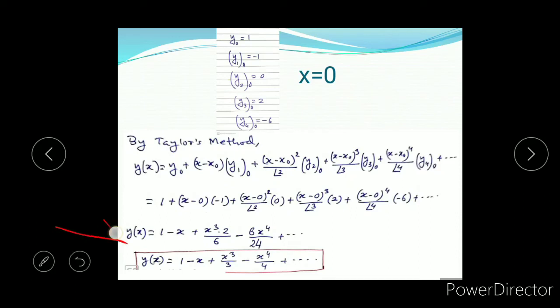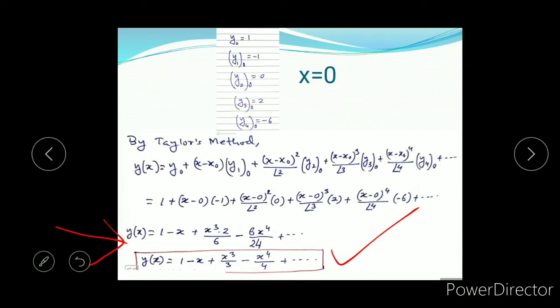And after simplifying more, we will get y(x) equals 1 minus x plus x cube by 3 minus x to the power 4 by 4. And this will be our solution for the given ordinary differential equation.